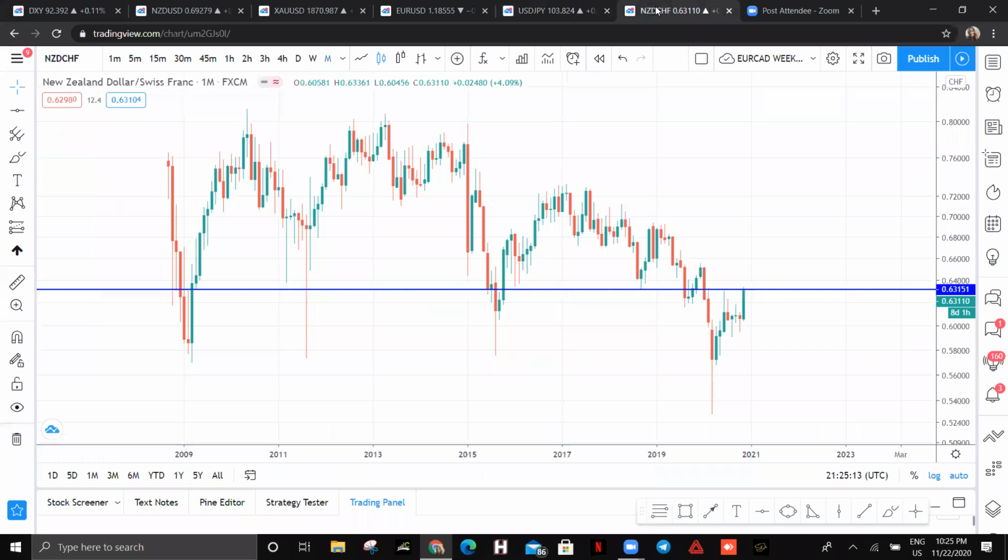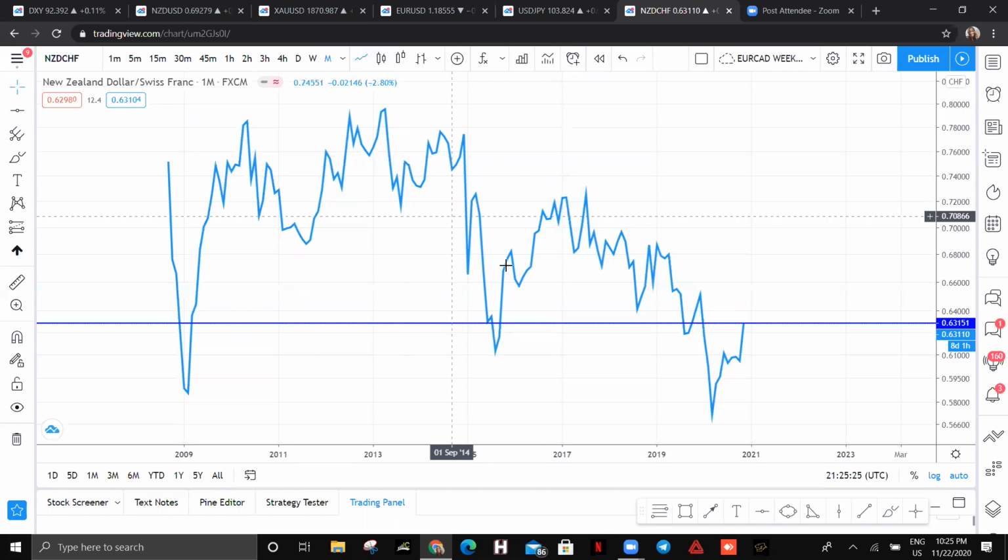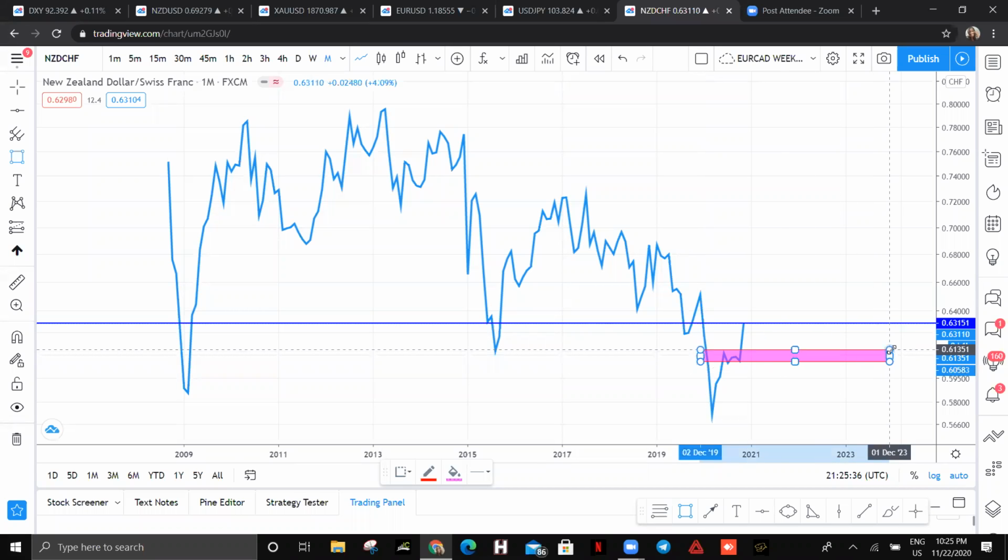Now NZD/JPY. On a weekly time frame, on a monthly time frame, price is currently on the support level. You can see it here. Let me change it. This is a support level, the most recent one here. This first one is a support.